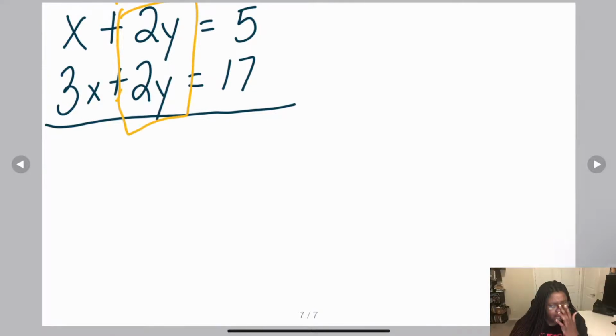Those look like they can be eliminated quite easily if and only if one of them were negative. Don't forget, elimination means when I add them down, it should equal 0. But in this case, if I add them down, it's equaling 4. If only one of them were negative, it would equal 0.